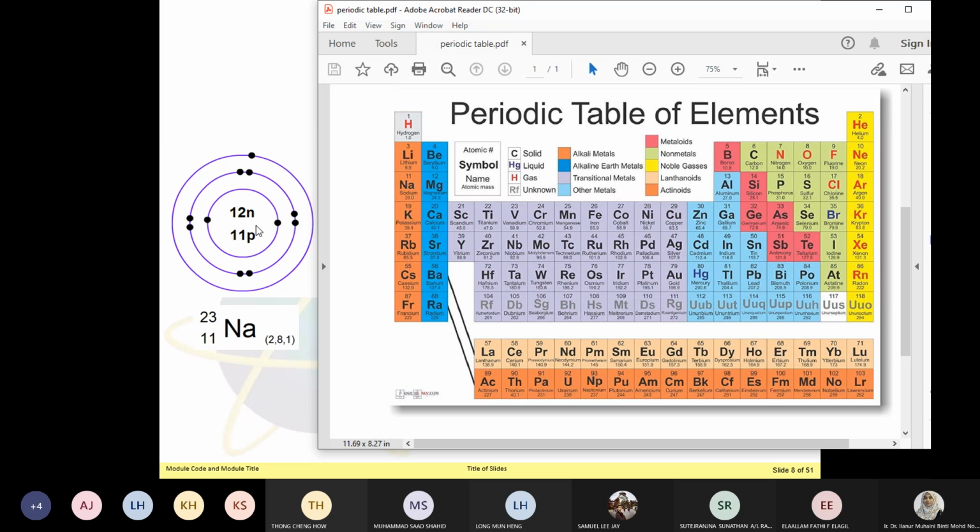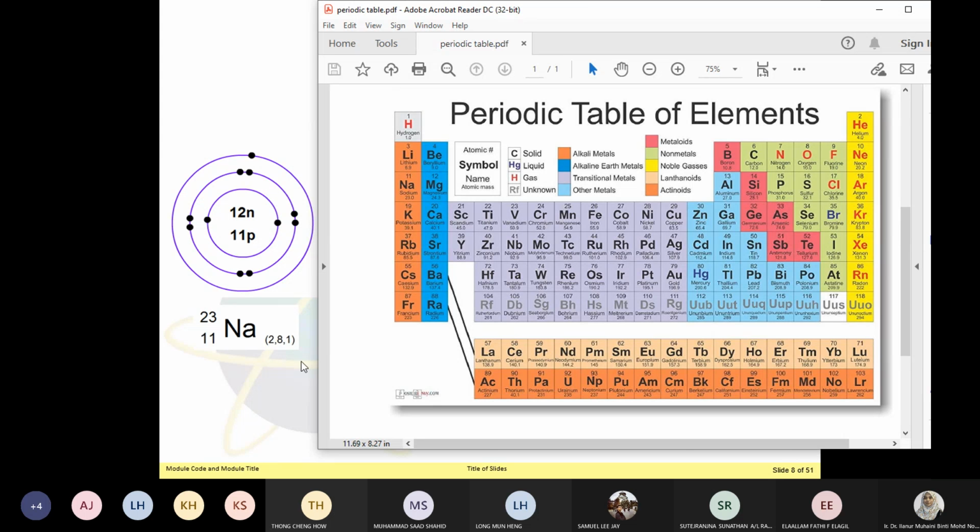So 2, 8, 1. This one you only draw the atomic number. See this. Atomic number of Na sodium is 11. So how to get 11? 2 plus 8, 10. 10 plus 1, 11.